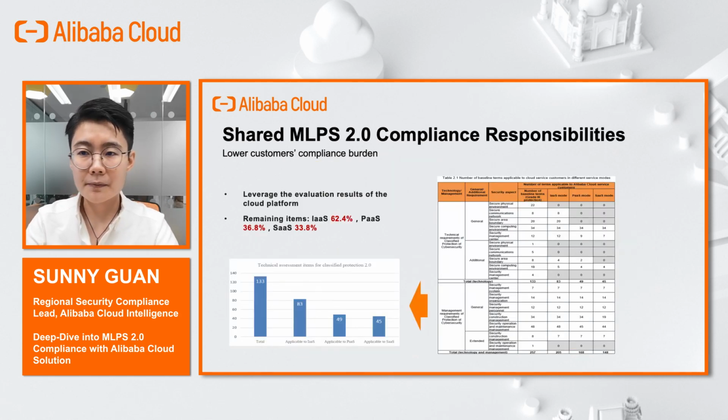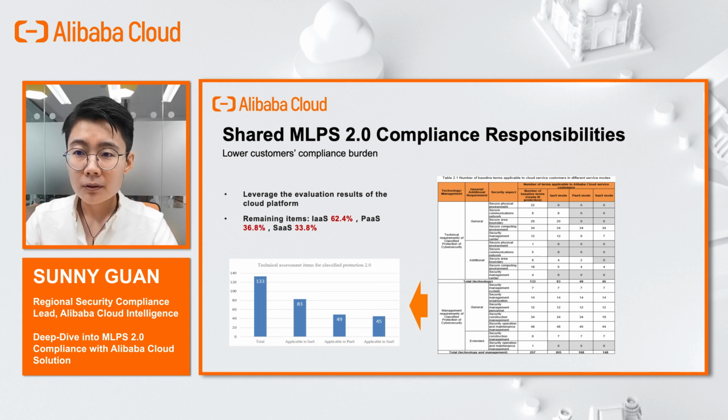Under the shared responsibility model on cloud, you will not only enjoy the secured compliant platform, but also leverage the MLPS evaluation results. You can use the evaluation result of the cloud platform as an evaluation result for the infrastructure layer. For example, if you use the IaaS model product in China, you only need to take care of the objects deployed on cloud for your own MLPS evaluation.